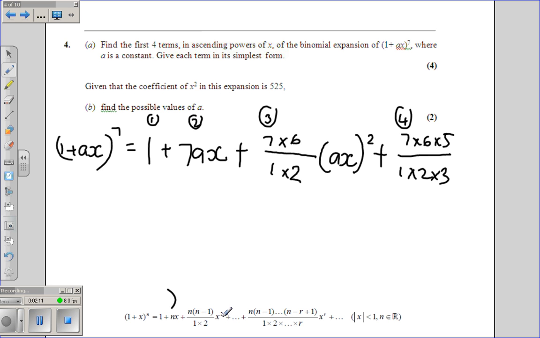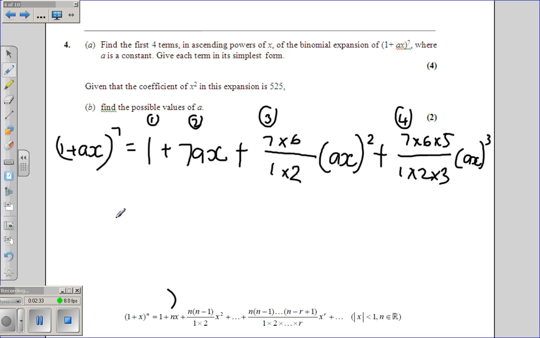Here we've got x squared for the third term, so this one for the fourth term is just going to be cubed, but it's ax, remember, so it's ax all cubed. So just try and follow the pattern. You can see it's x to the 1, then squared, and then cubed.